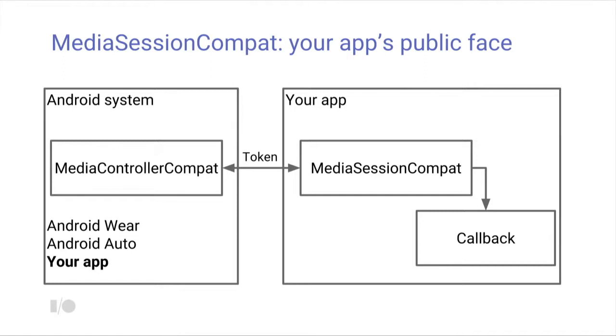These instances allow them to send media buttons and controls to you, as well as read the metadata or playback state, like are you actually playing something right now, or are you buffering? These are the important things the system and things like Android Wear need to know about to actually get your media everywhere. This is also something you can use in your own app for building your UI, and we'll get back to that in a little bit.